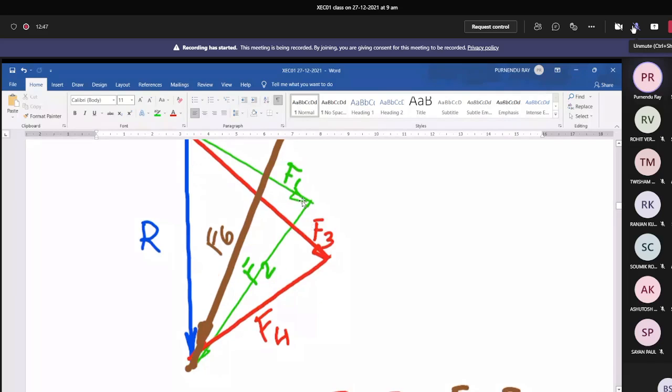Suppose we consider a particular point here, anything, then draw F1 through that point in this direction parallel to this green line F1, then F2 parallel to that here, and F3 vertical upward. Then the angle between F3 and F1, between F1 and F2, and between F3 and F2, those are not these angles. Those are 180 minus this angle, 180 minus this angle, and 180 minus this angle.